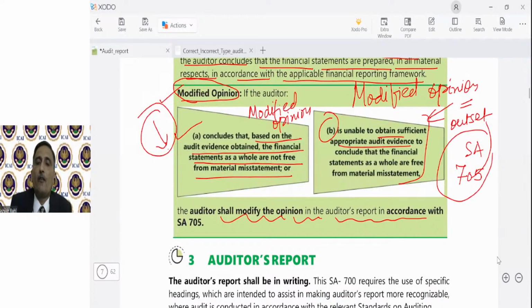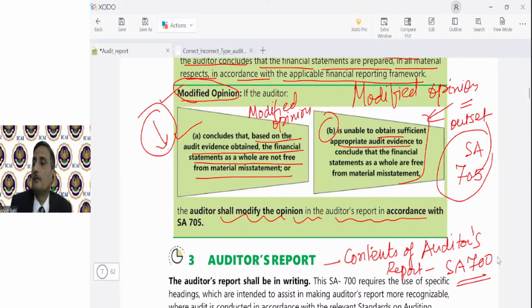regarding contents of the auditor's report. Contents of the auditor's report, as per SA 700. Yes, Dinesh, Alok, you are saying yes, clear till now.